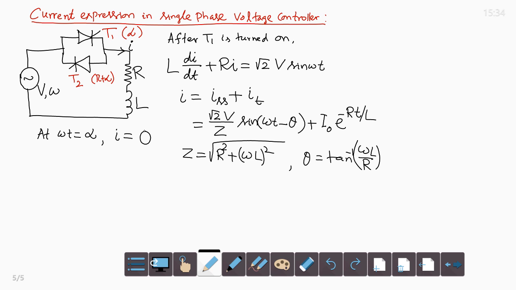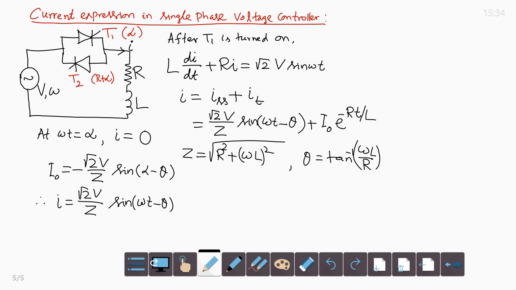So, using that you have I0, the initial current of the transient component, equal to minus root 2 V by Z sin of alpha minus theta. So, this gives total current expression I as root 2 V by Z times sin of omega t minus theta minus sin of alpha minus theta into e to the power minus R t by L.